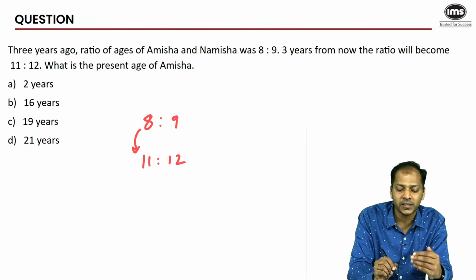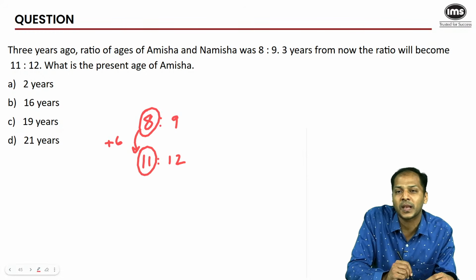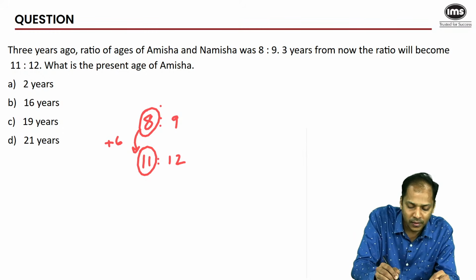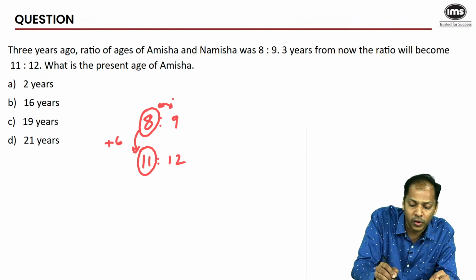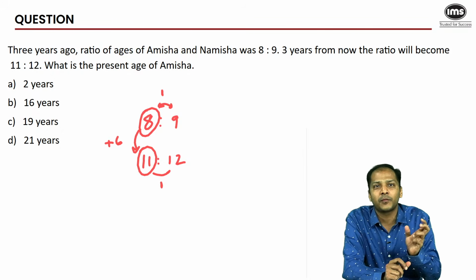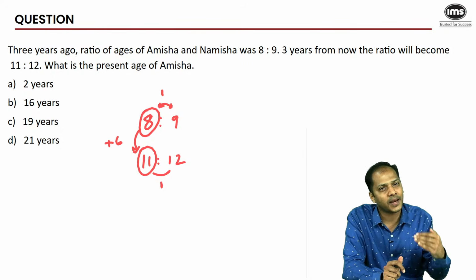The age has increased by 6 years and the number of parts were 8 and now they become 11. Although I can't directly compare two different ratios, I can compare them in this case because the gap here was 1 part and the gap over here was 1 part, and two people will always have the same age gap if they go the same number of years ahead or behind.